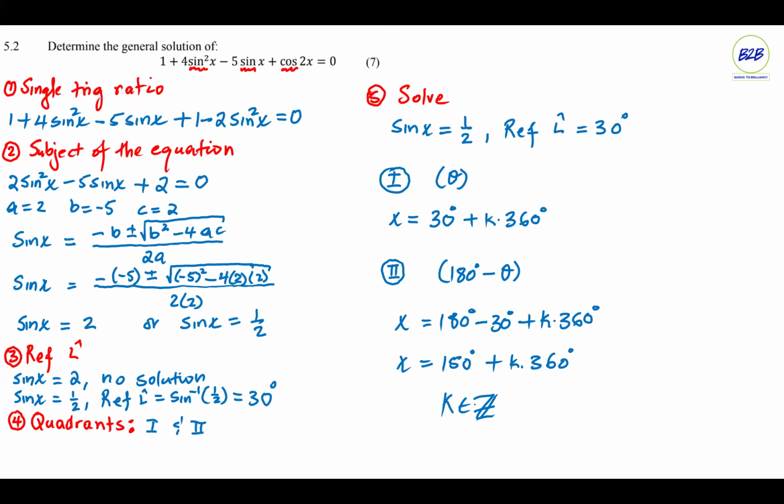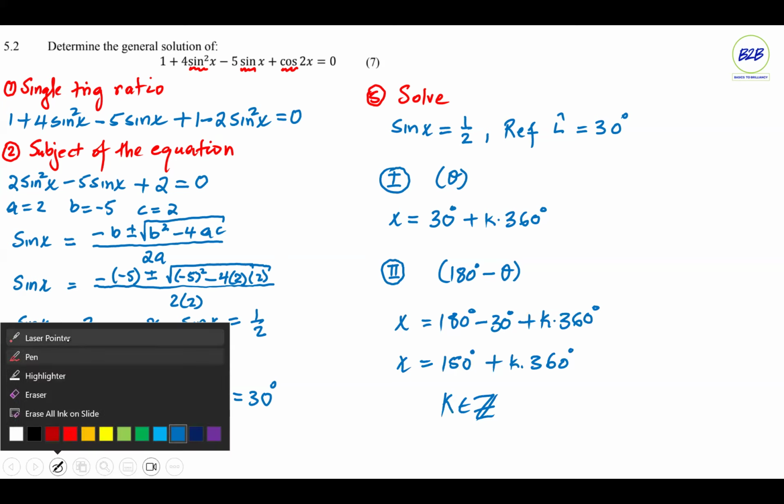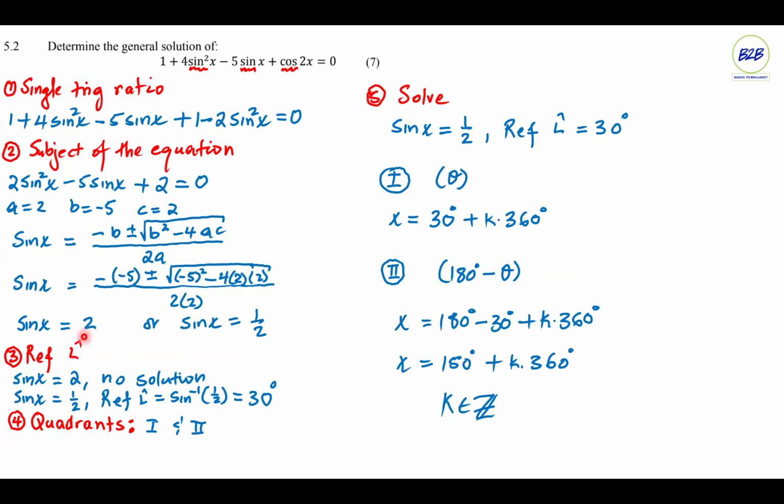All right, that was lovely. I really hope that you have enjoyed this demonstration of the five-step method to determine a general solution of a trigonometric equation. So just to recap, the first objective is to strive for a single trigonometric ratio.